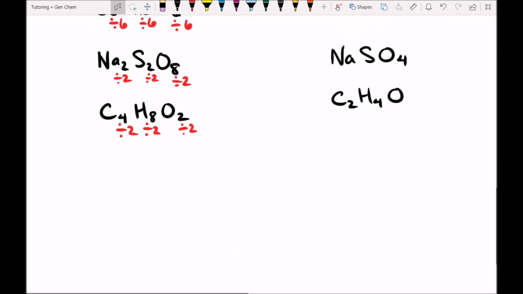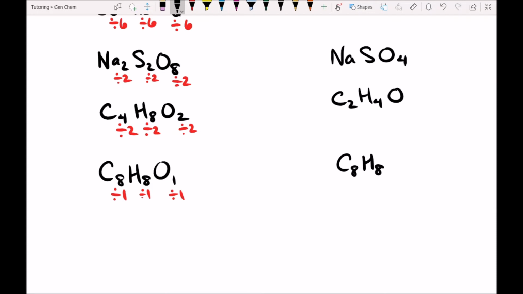This one's a little different. Acetophenone is C8H8O. Now don't forget O has an invisible 1 subscript, and the greatest common factor for 8, 8, and 1 is 1. There's no larger number that will fit into all three. So if we divide each of the subscripts by 1, what you'll see is that we end up with an empirical formula that's identical to the original molecular formula.